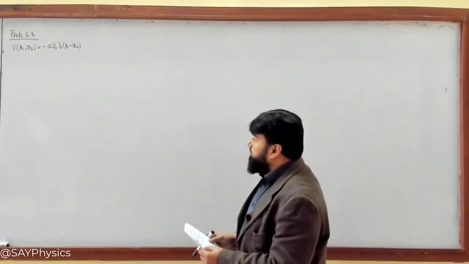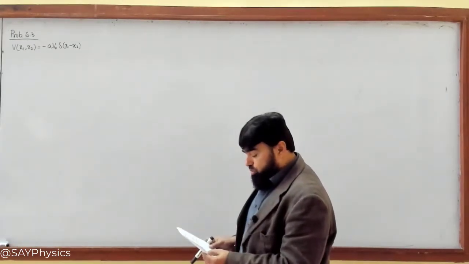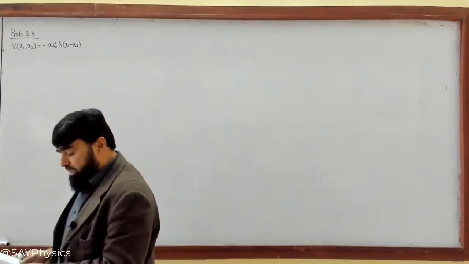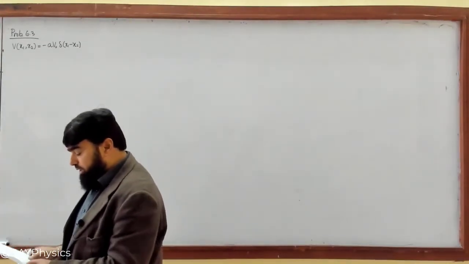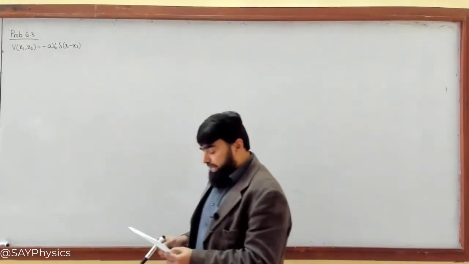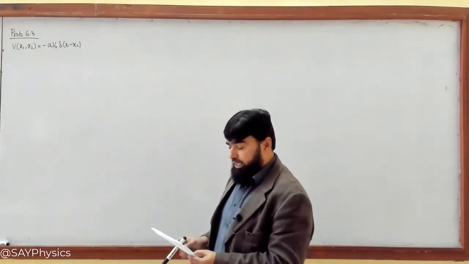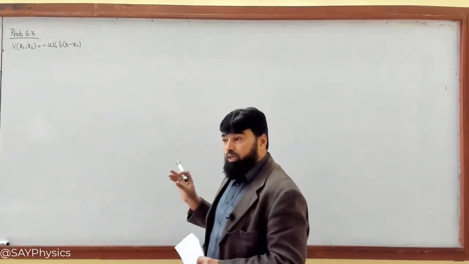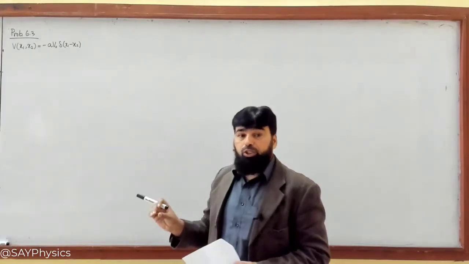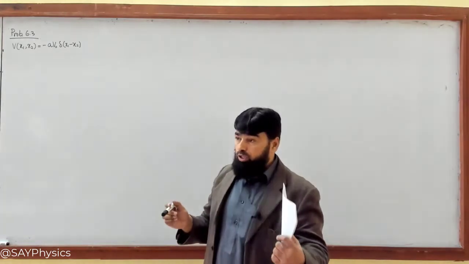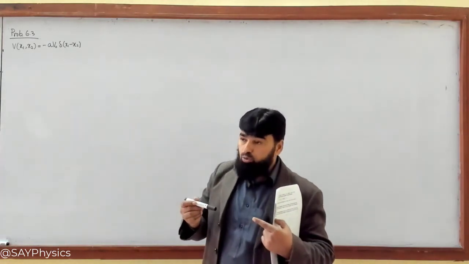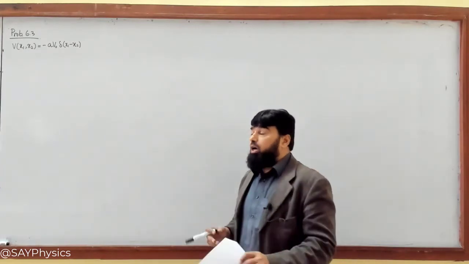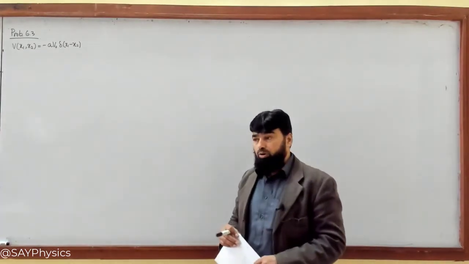While in the B part, use first order perturbation theory to estimate the effect of the particle-particle interaction on the energies of the ground state and the first excited state. Like when we will consider a little bit perturbation in this system, and we assume that now the two bosons are interacting with each other, then how the energies will be modified.